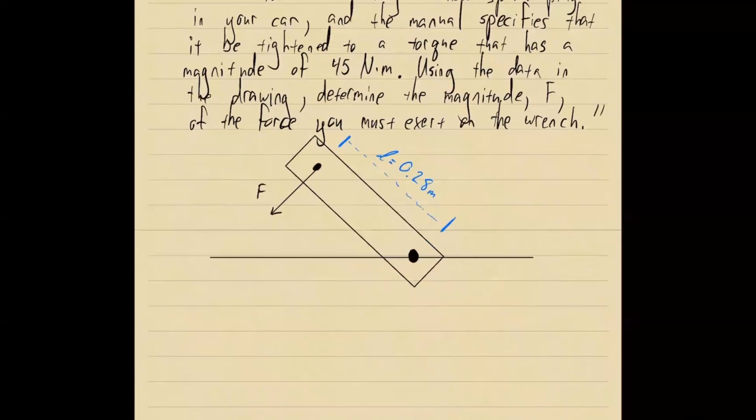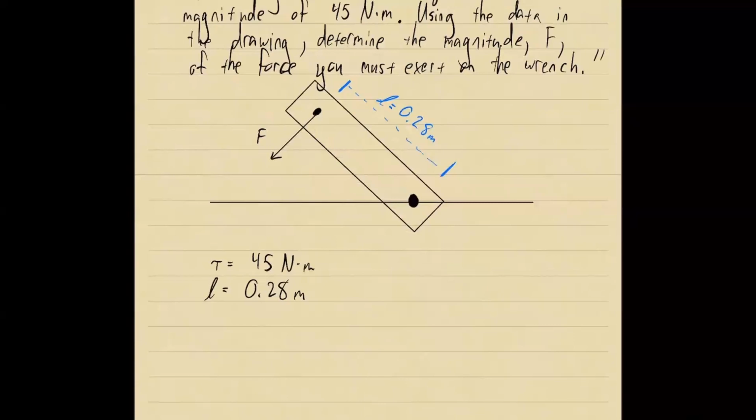Okay, so we know that the torque is given by 45 Newton meters, and we know that the lever arm is 0.28 meters. So using the fact that the torque is equal to the magnitude of the force multiplied by the lever arm length, we can solve this to find the magnitude of the force F. That's just the magnitude of the torque divided by the length of the lever arm.